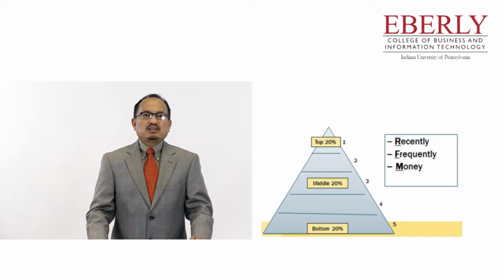The 20% of the customers having the most recent orders are given an R score of 1. The 20% of the customers having the next most recent orders are given an R score of 2, and so forth, down to the last 20% who are given an R score of 5.